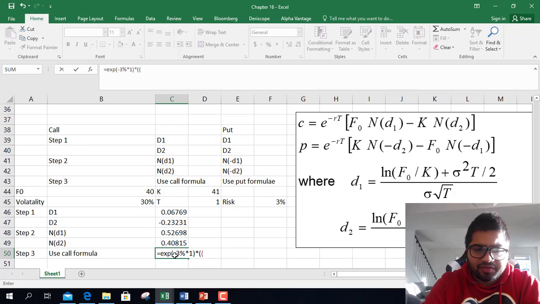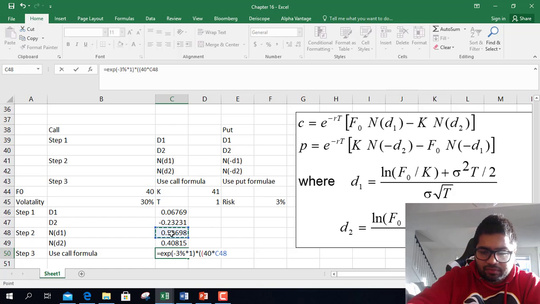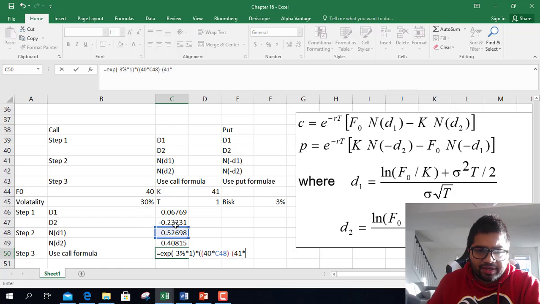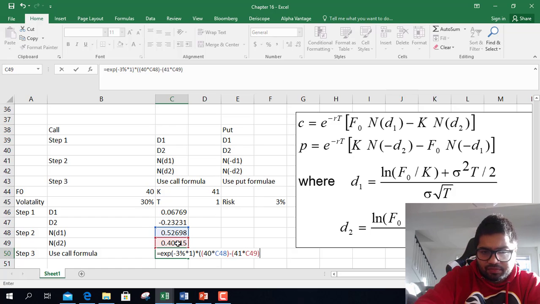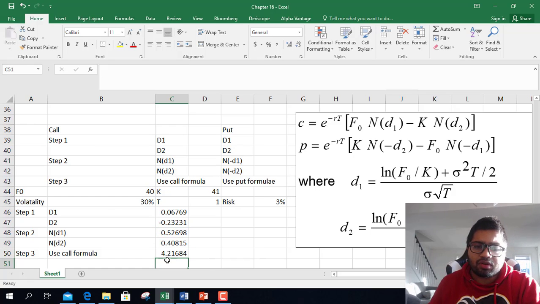First thing is F0, that is 40 into N(D1), minus K, that is 41 into N(D2). Okay, so call price should be $4. Okay, so let's calculate put price now.